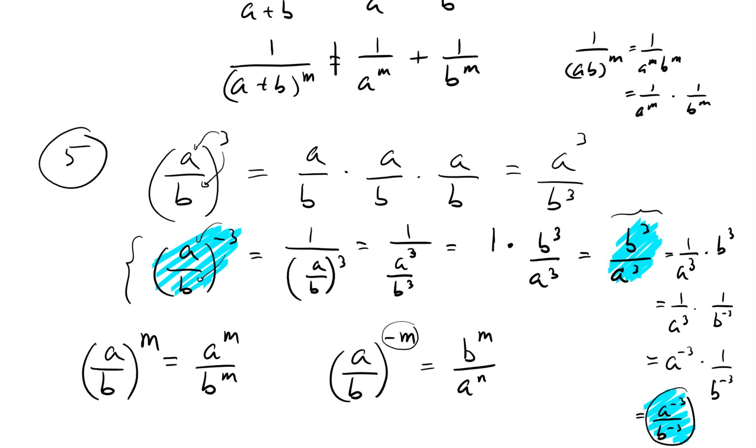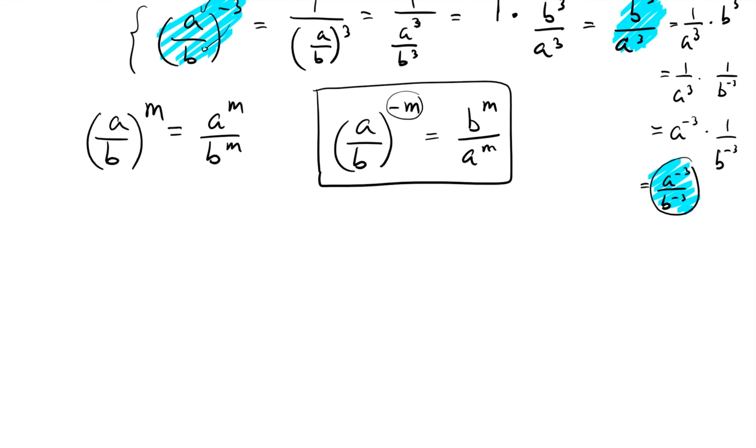So the m distributes, but at the same time, since there's a minus sign, it flips the numerator and the denominator. So this is also something to remember.